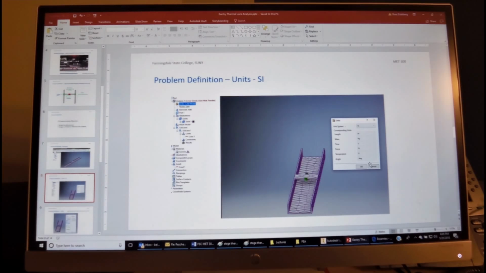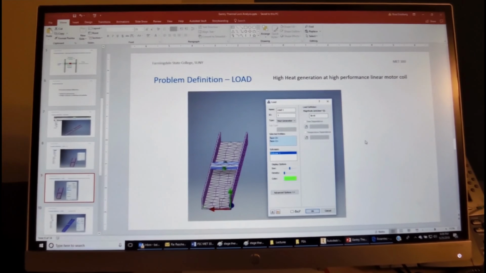In here we have to define the units for the Nastran in CAD for the linear steady-state heat transfer analysis. And we're using SI, M, K, and second in analysis. This has to be defined. And we also have to define the loads for the thermal analysis.